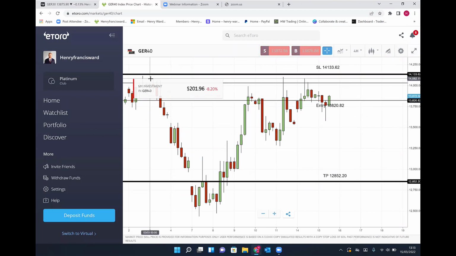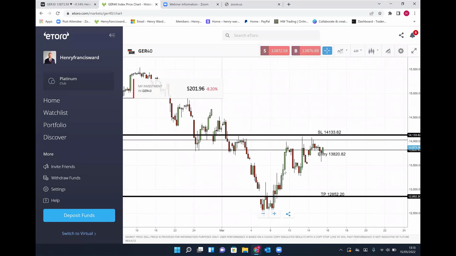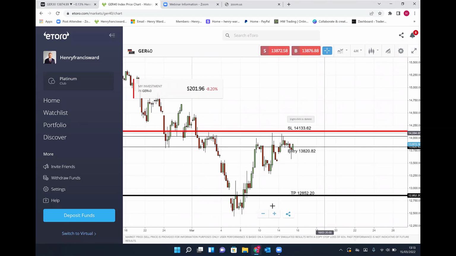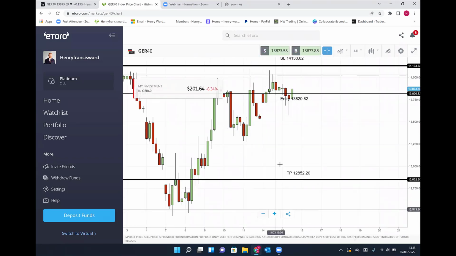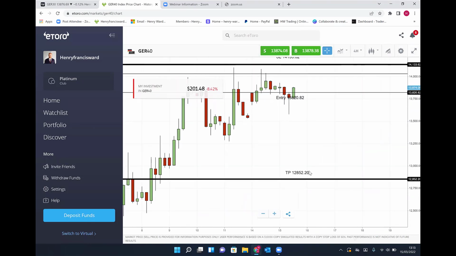So my stop loss is above this level. As you can see, there's the high, and there's the high, so my stop loss is above it. What we're looking for is for this phase 2 to finish, and then phase 1 to kick on and make a lower low. So that's the idea behind it.